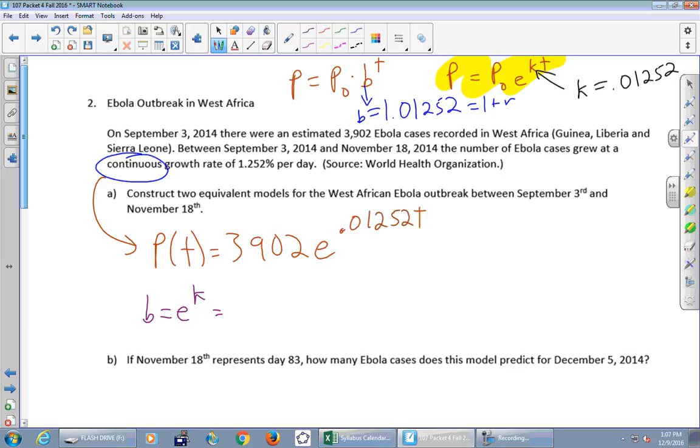I'm hoping it doesn't look like magic. If you think about it a little bit, you'll see why that's true. I'm pretty sure we've done it in a previous class. So we're just going to use the formula here: E to the 0.01252. And now we need somebody with a calculator to type that in for us.